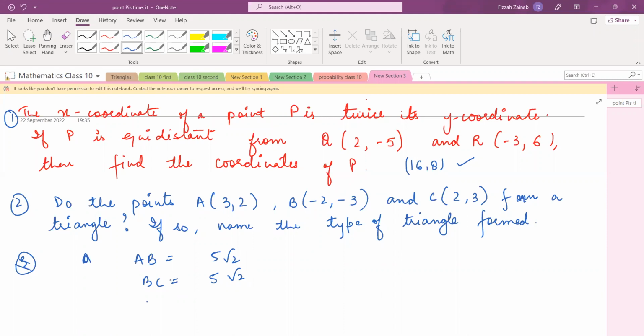Ma'am, is it under root 52? Yes, it is under root 52, right? And your AC is how much?